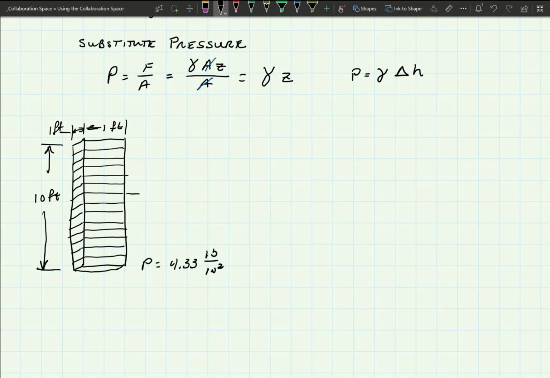At halfway, 2.165 pounds per square inch. And then literally at the top here, P is equal to 0.4433 pounds per square inch. So ideally, at different feet down, 1 foot, 5 feet, 10 feet, we're going to get that. Okay.